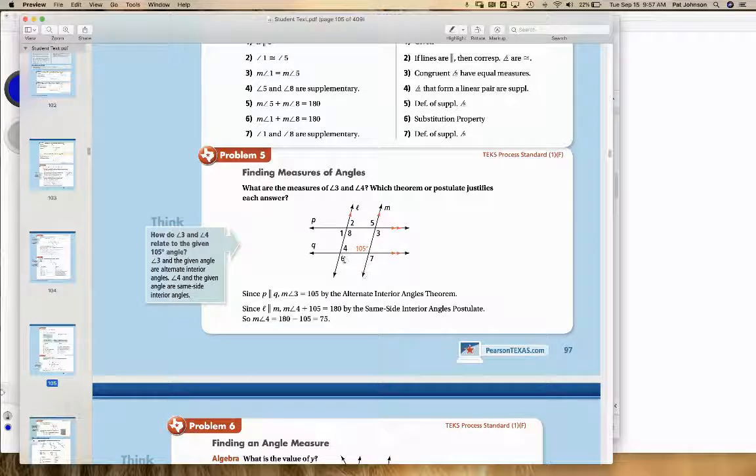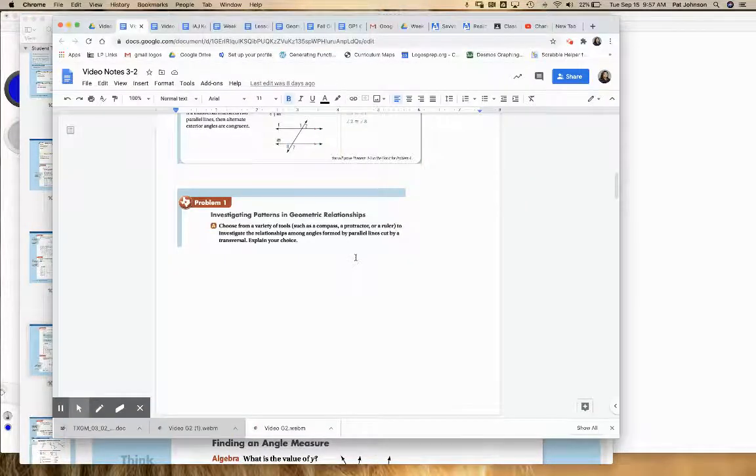All right, so if you look at P and M as parallel and Q as a transversal, so let's see, no, L and M. Oops.